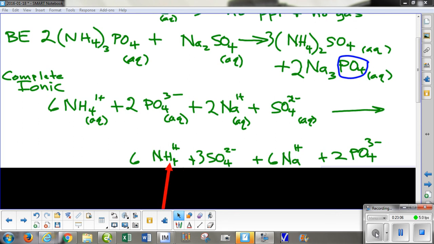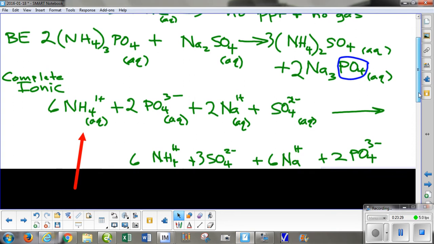And then 3 times the sulfates is 3 sulfates. Here we write them with the charges. We never write charges when we are in the molecule itself. So this we call the ionic equation.